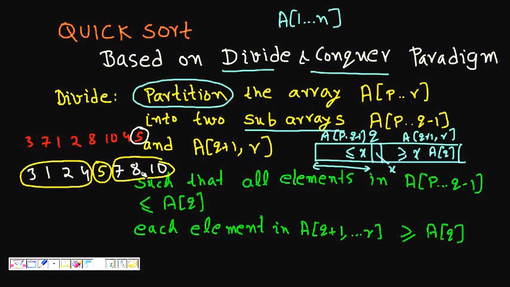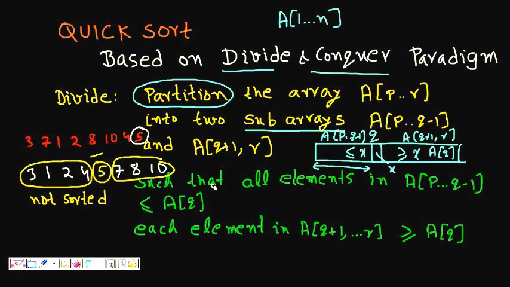One more observation is that this is not sorted. Partitioning doesn't mean that this side is sorted. 3, 1, 2, 4 is not sorted, even though 7, 8 and 10 is sorted. The only criterion is that in the left sub array everything should be less than or equal to the pivot element, and on the right hand side everything should be greater than or equal to the pivot element.